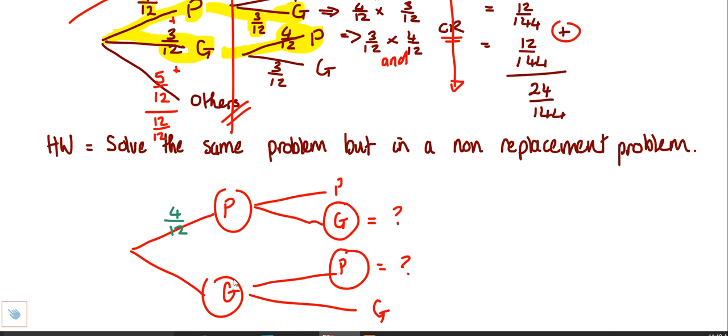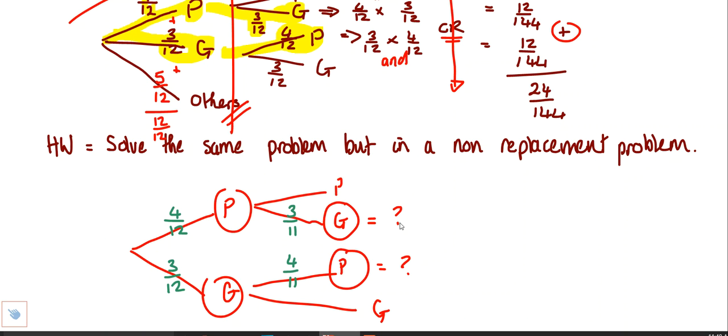What would it be if the first marble was green? 3 out of 12. Yeah. Bearing in mind what problem we're doing, what is the probability of getting a green for the second marble? 3 out of 11. Okay. What's the probability of getting a pink second? 4 out of 11. Okay.